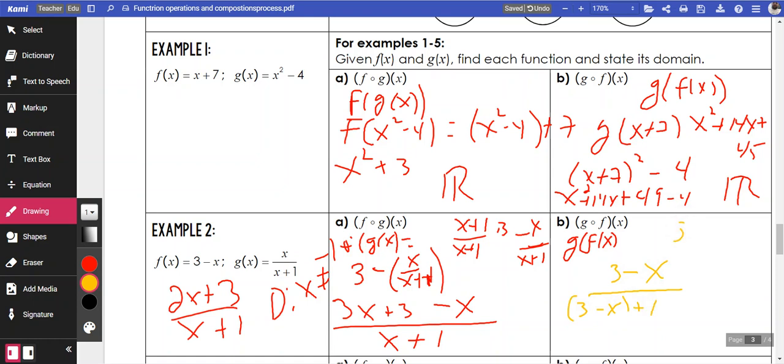So you get 3 minus x upstairs, that's good to go, over, nope, it's going to be 4 minus x. So where is your domain? This is going to be x cannot be 4 because that will get you a 0. So that's how it works. Why don't you pause the video and go ahead and try the other examples.